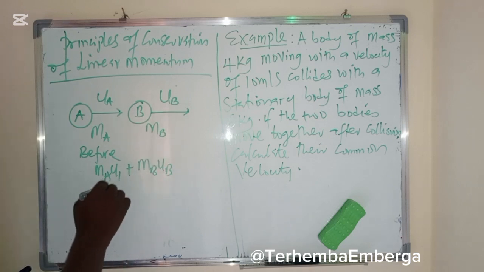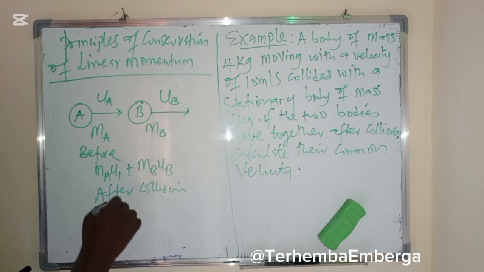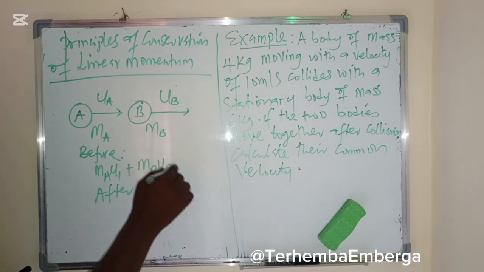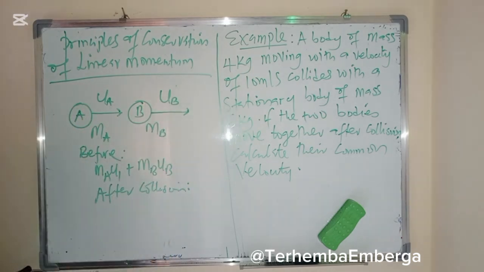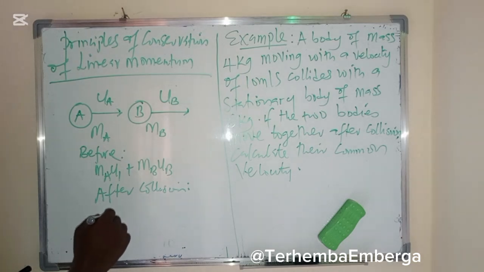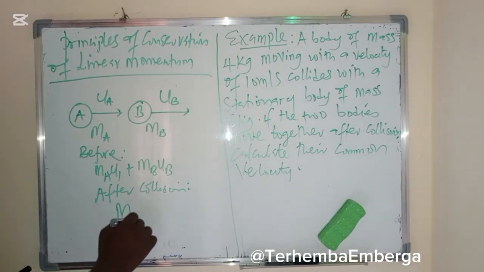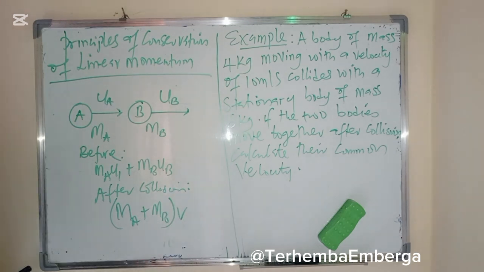Then after collision, remember they stick together and move with a common velocity, but their masses still remain. So after collision, what we have is (MA plus MB) V. In this case, we can always calculate their common velocity.